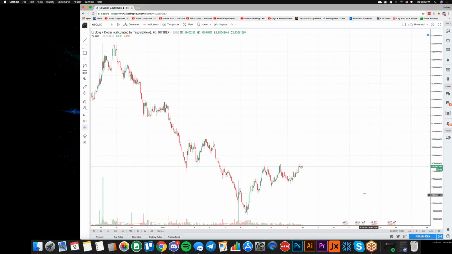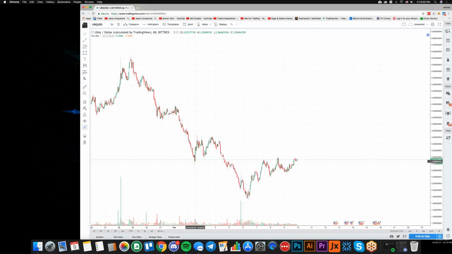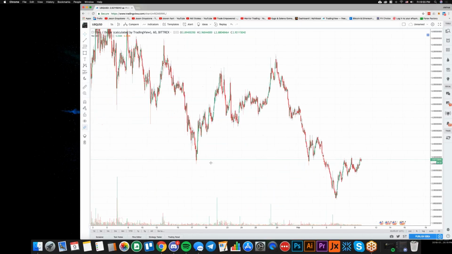The price of Ubiq to US dollar is $2.9. And that's the price that you see on Blockfolio or Delta. But this isn't the chart that most people are trading.